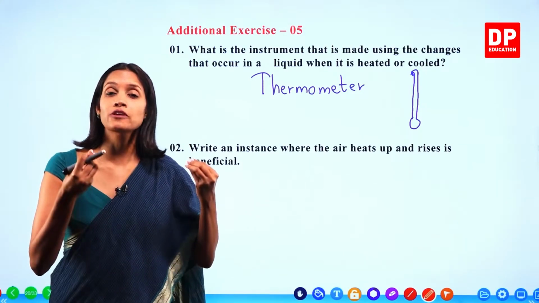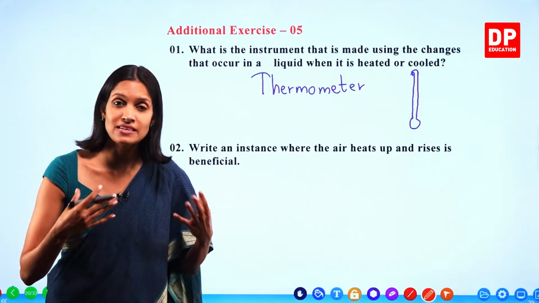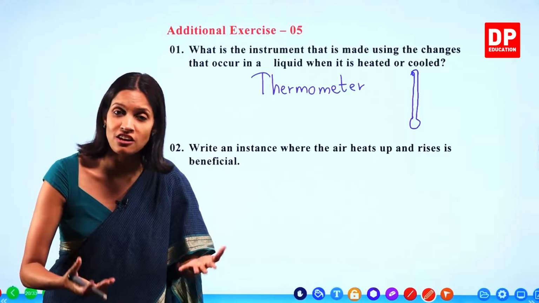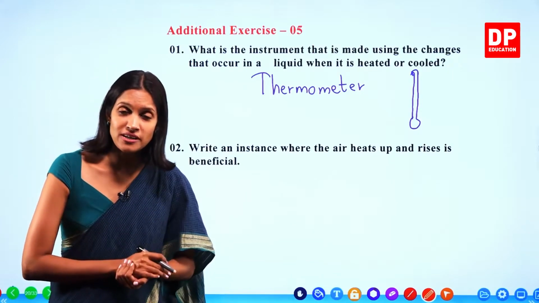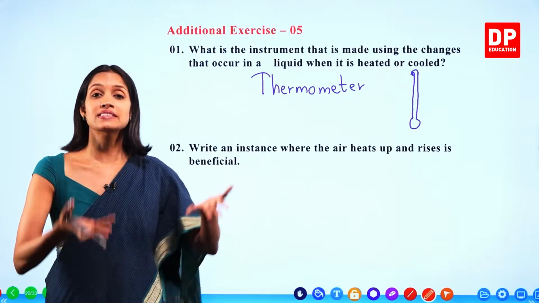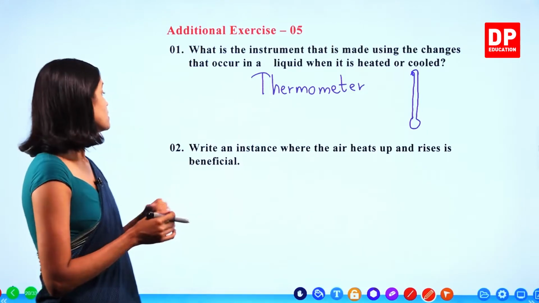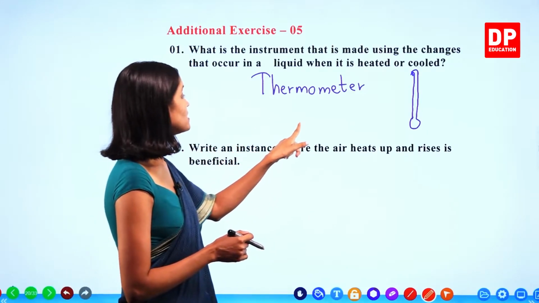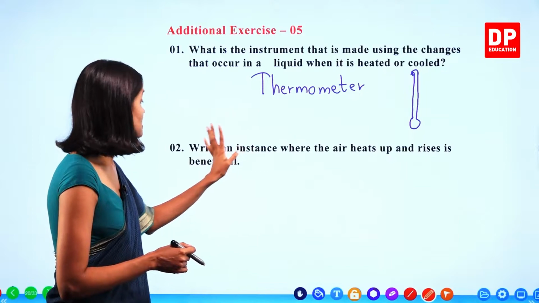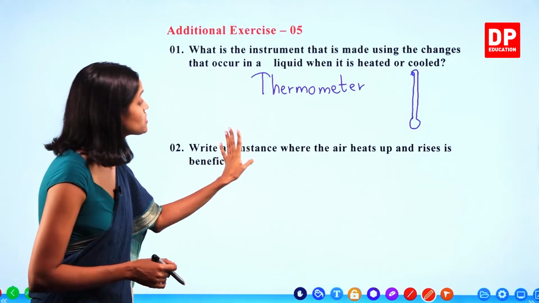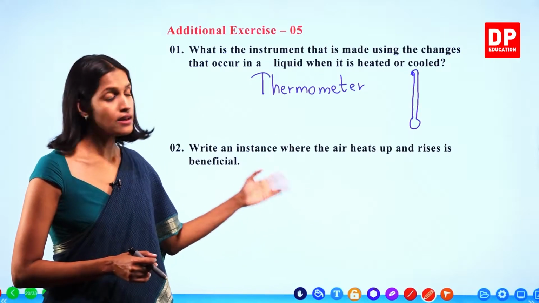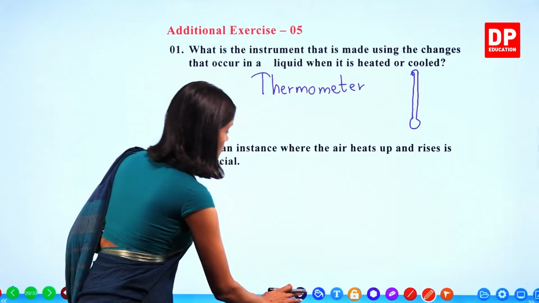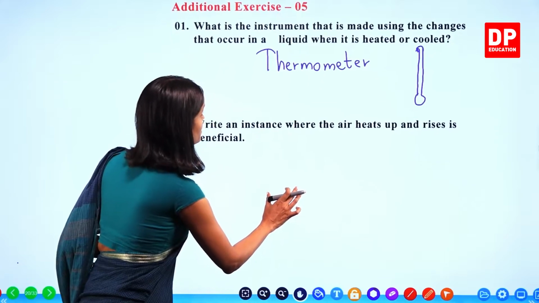Because the density or the thickness of the air, when it gets heated up, also reduces. Okay, therefore that hot air rises up. Remember, children, this is very beneficial in formation of wind. I will explain you all how formation of wind takes place.